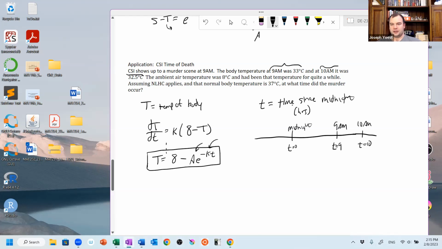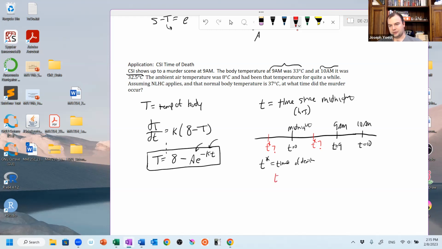And then t star, let's call it the time of death. And this could be here, or it could be here. It could be a negative number, meaning that the death occurred before midnight, or it could be a number between 0 and 9.